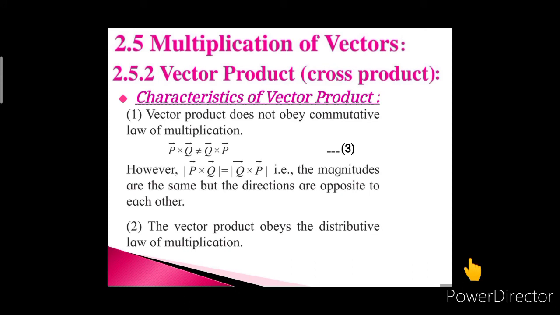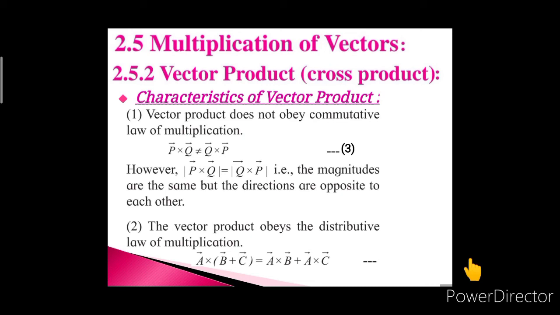The second characteristic of the vector product is that the vector product obeys the distributive law of multiplication. For example, three vectors are there, vector A, B and C. Vector B and vector C are added together and vector A is multiplied with this addition.